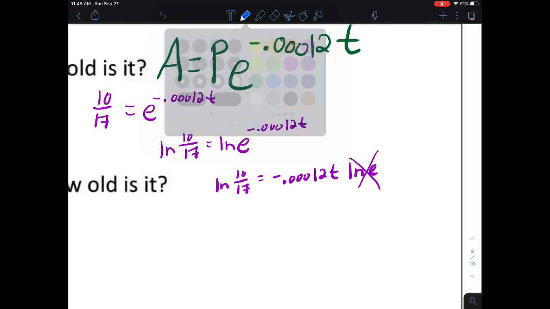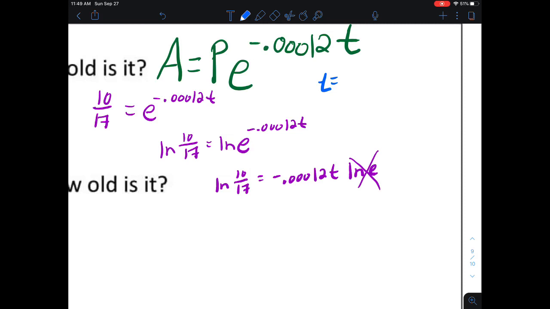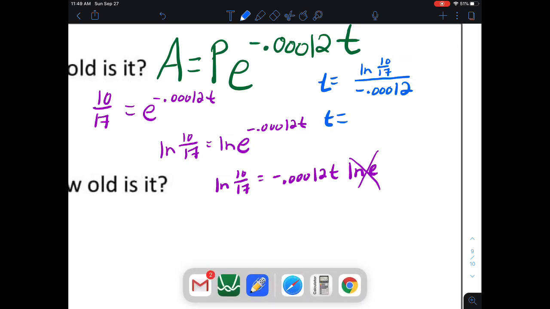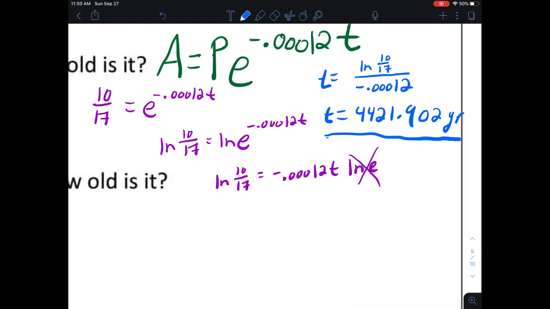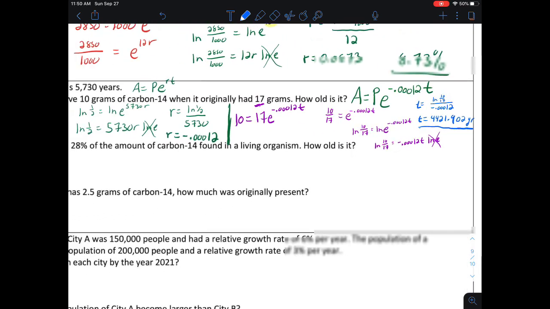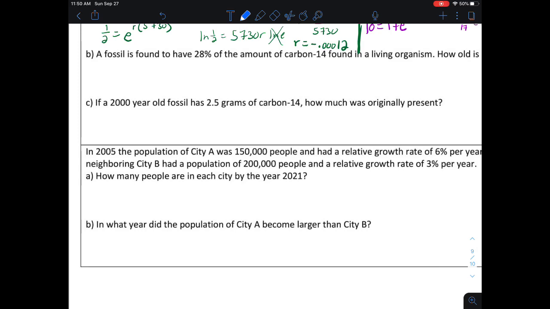And so T, in this case, what we're looking for, the most accurate answer would be the ln of 10 over 17 divided by negative 0.00012, and we would get that approximate time frame using a calculator. And so we do that, and we get that it's taken approximately 4,421.902 years.